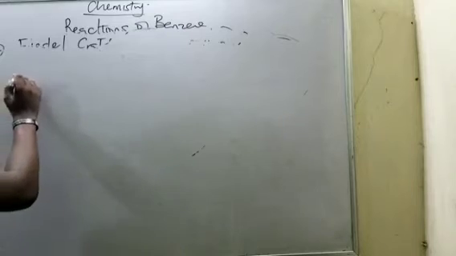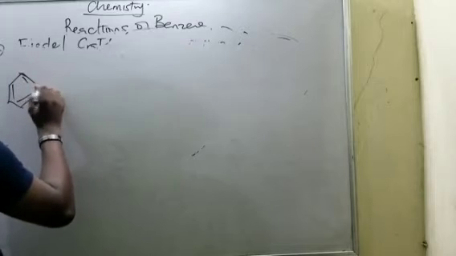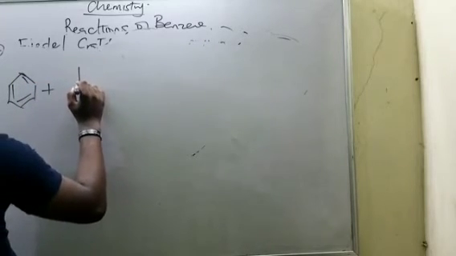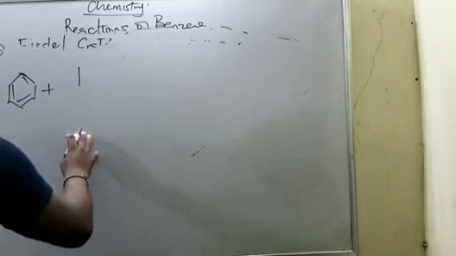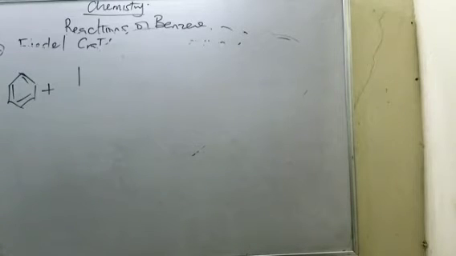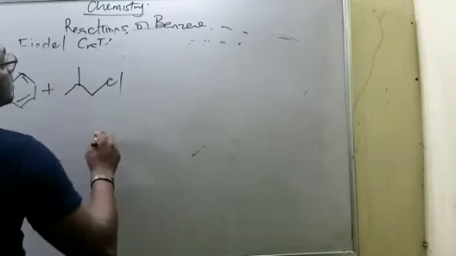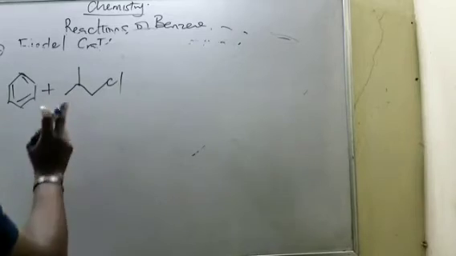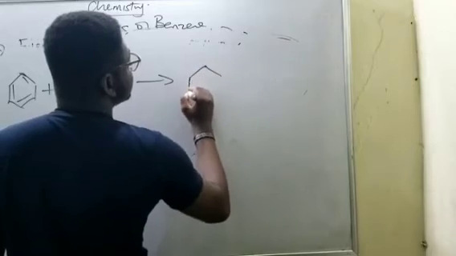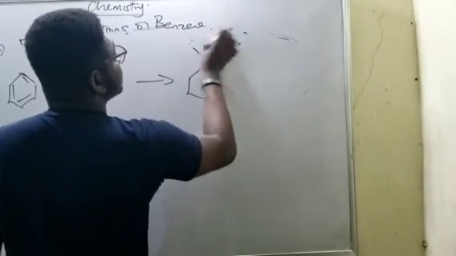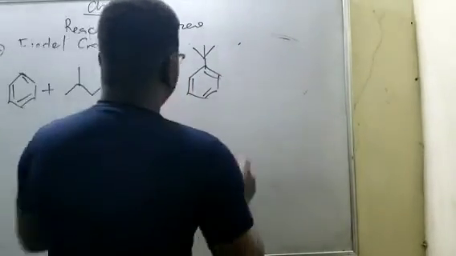Let's say I have something like this, isobutyl chloride. While the chlorine is leaving, we'll be having something of this sort. There will be a kind of rearrangement occurring to this compound.